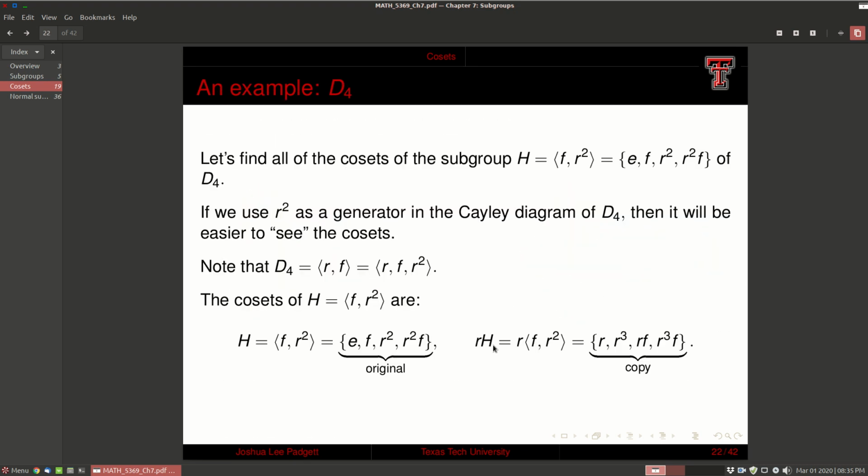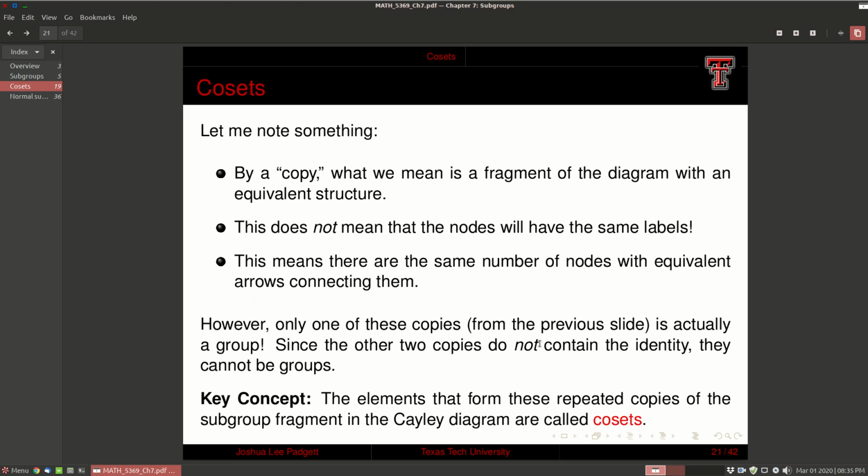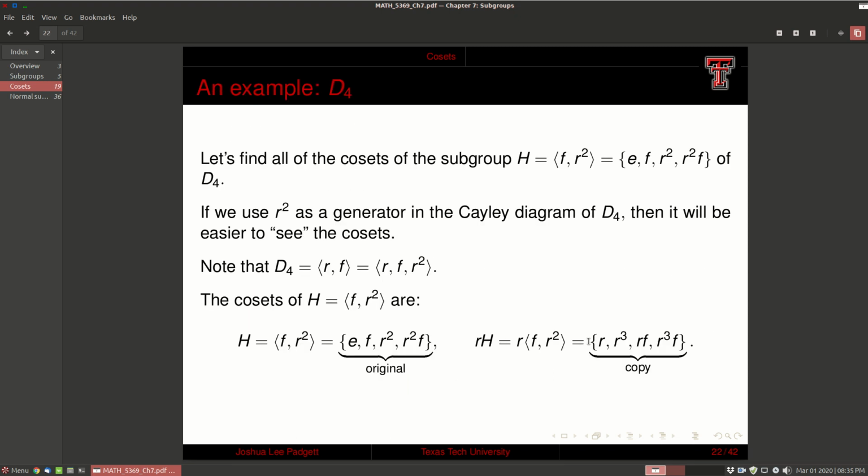All right, going back to this previous diagram. I have here R cubed, RF, and R cubed F. Well, this coset is equivalent to RH, R cubed H, RFH, and R cubed FH. Because of this notion of closure, inside of our cosets, I can pick any of the objects in the coset and use it as the representative, the guy that's on the left.